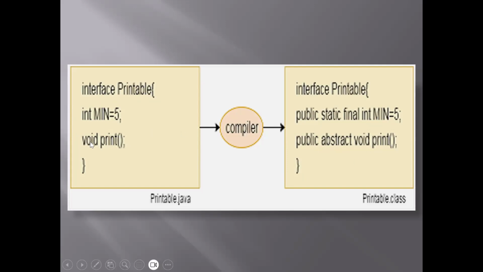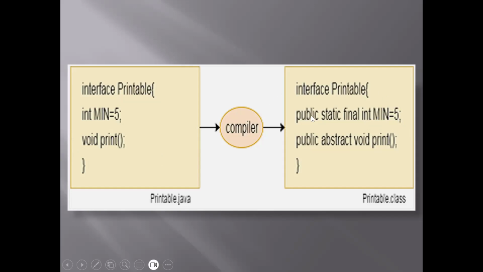We don't have to, because it's an abstract method by default. That's why we don't have to add the abstract keyword to the void print method. You understand?